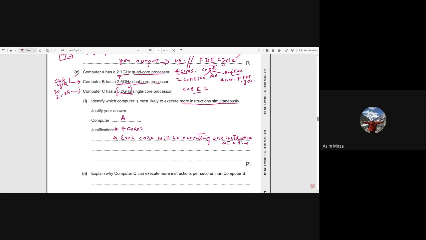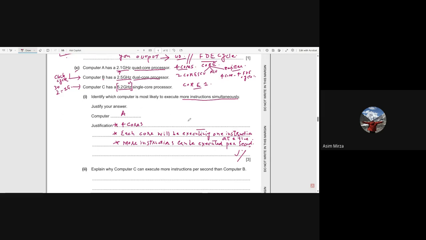And the third point is you can say more instructions can be executed per second. Clear? I hope you understand the point.